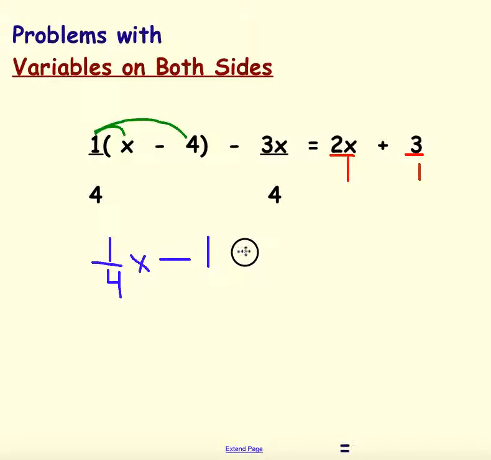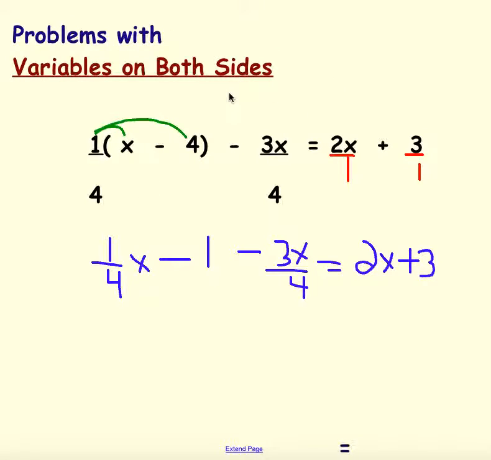And then I'm just going to bring everything else down. And it is equal to 2x plus 3. So you have 2 options right here. Well, you probably have more than that, but the 2 options you have is distribute the 1/4, or just multiply everything by 4 right off the bat.